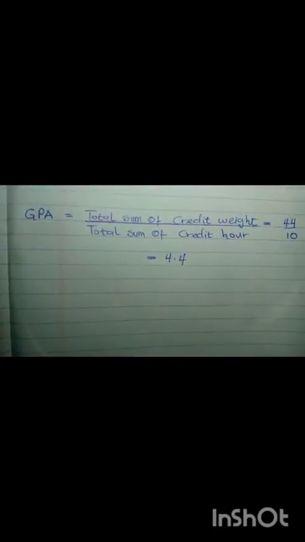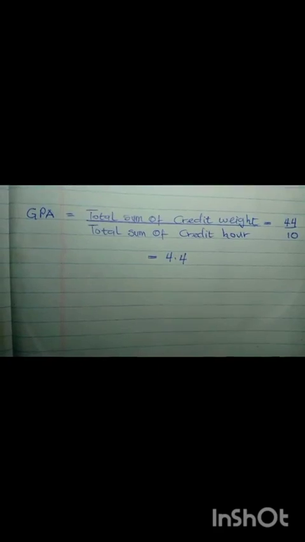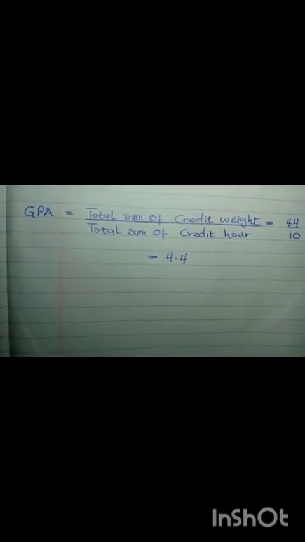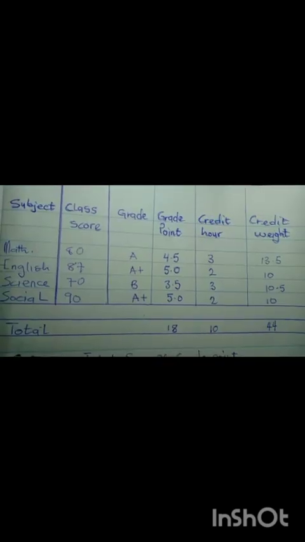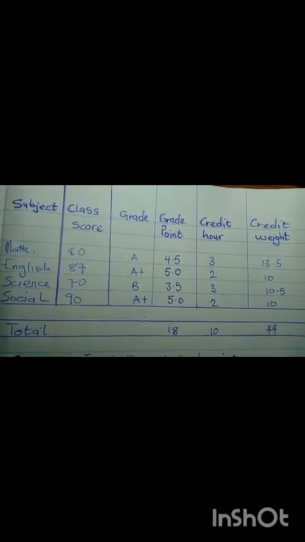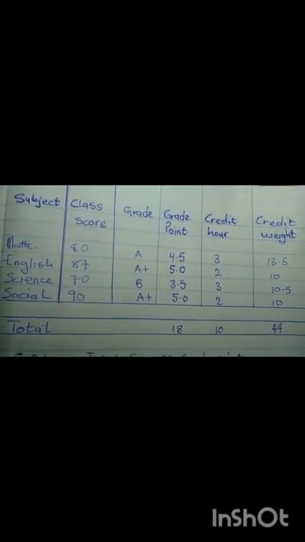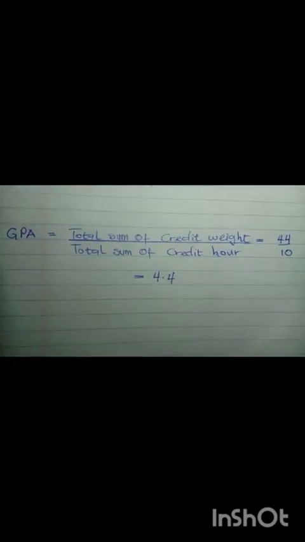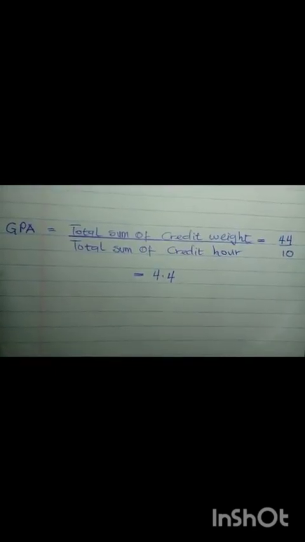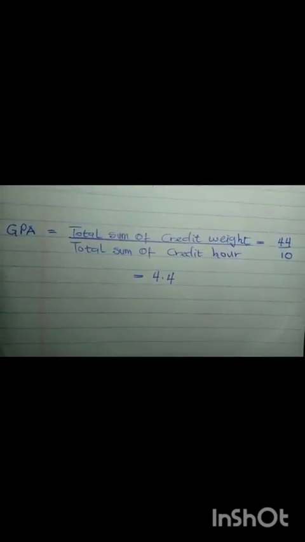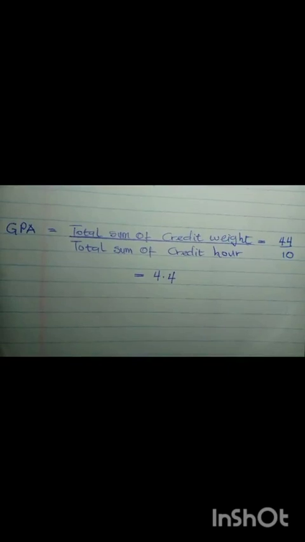In the table, the credit weight was summed to 44, and then the credit hour was summed to 10. So the GPA will be 44 divided by 10, and then the total answer is 4.4.